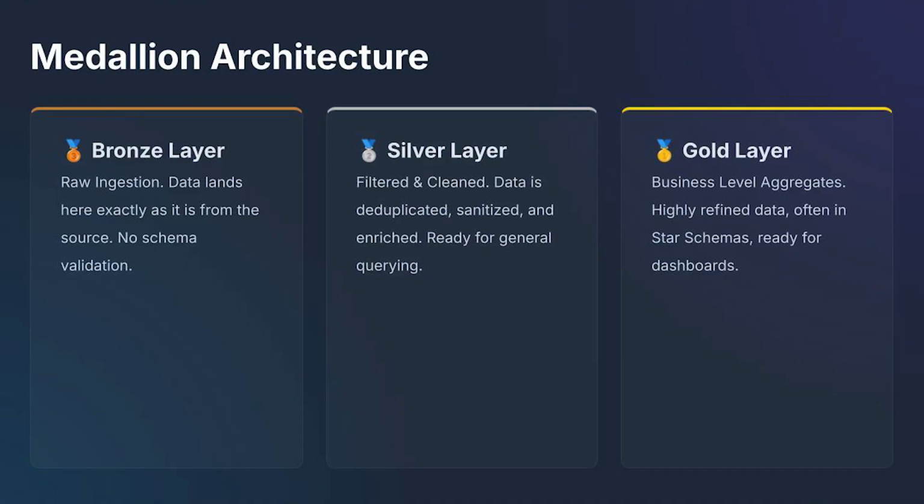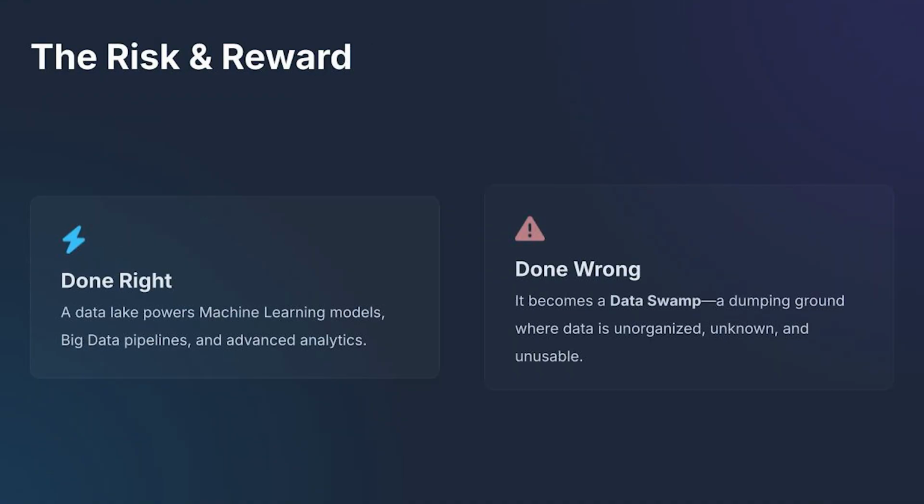Your silver is going to be your clean and validated data. Your gold is going to be curated for business-ready decision-making data. And I'll talk about that at a later time as well. But done right, a data lake powers machine learning, big data pipelines, and modern analytics. Done wrong, it kind of becomes a swamp.